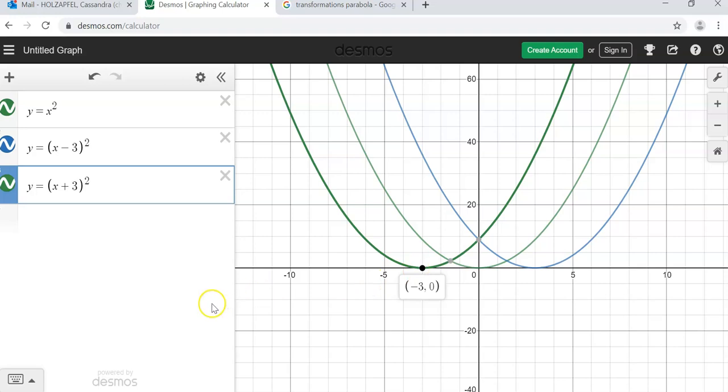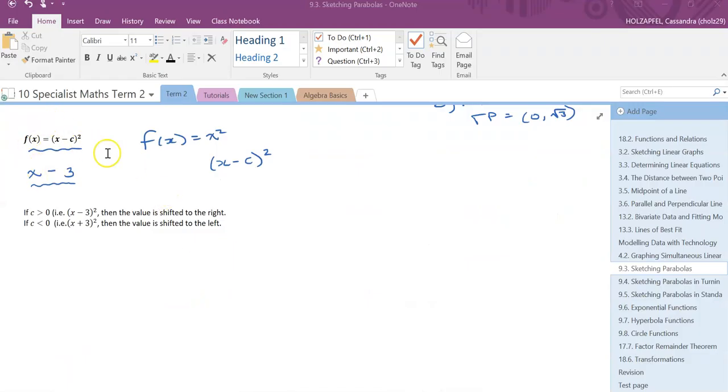All right, so let's write that up now in our rules. For this general form of the horizontal transformation, I've got x minus c. Now, if I substitute in a positive value of c, for example +3, this is going to be x minus 3. It's a little bit weird of a way to word it, I guess. So if that value is positive, so it's (x minus 3) squared, for example, then the function is shifted to the right.